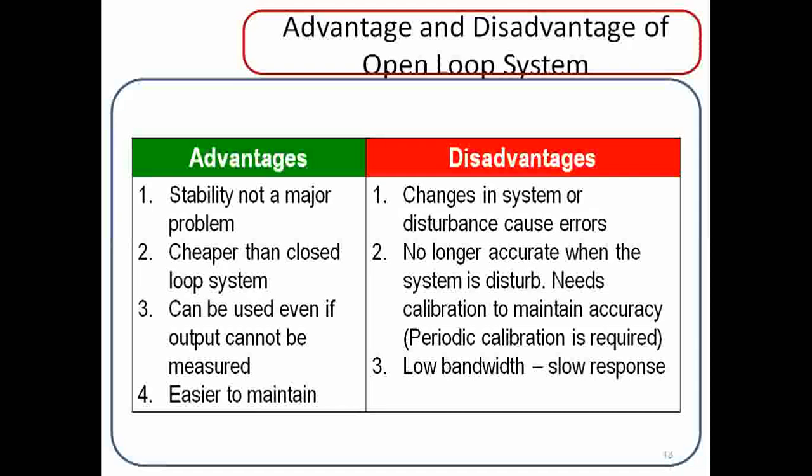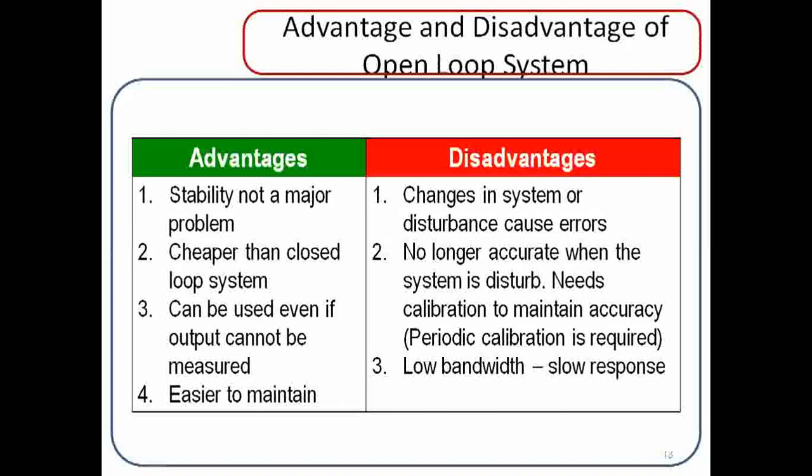Disadvantages: changes in the system or disturbances cause errors. That is, environmental factors lead to a decrement of the voltage if the system has been given its own operational levels, and then there will be an output error also. So the input conditions that we have programmed may not be obtained in the output range.